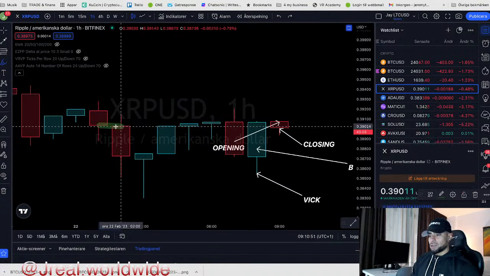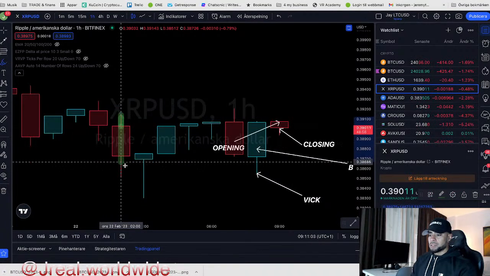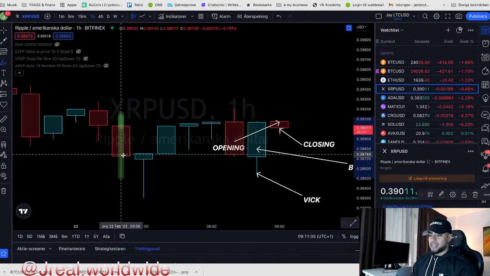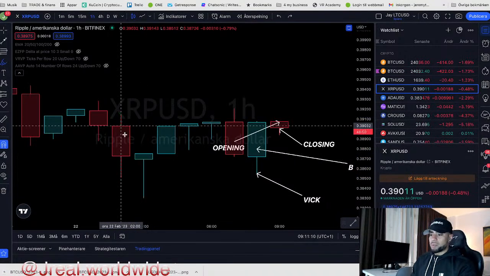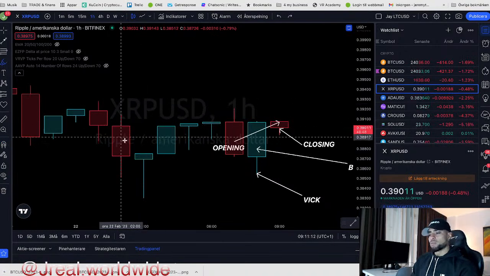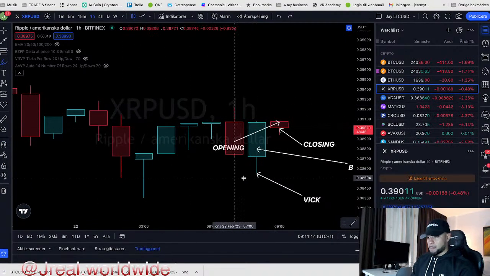Next one, this candle opened and closed at the lower price. Therefore, a red candle. But when it opened, it moved maybe up first, then it came down and retraced back and closed here. And therefore, you see wicks representing the whole body, the whole candle movement during its lifetime.